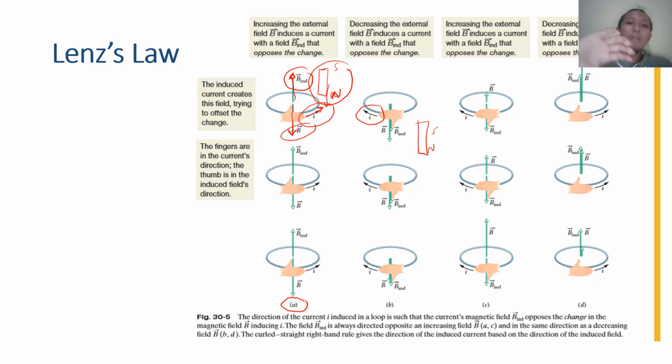And then if the B in goes to below, like this one, the current is generated clockwise.